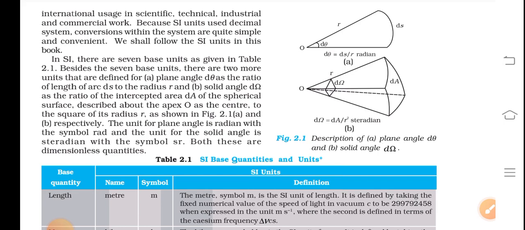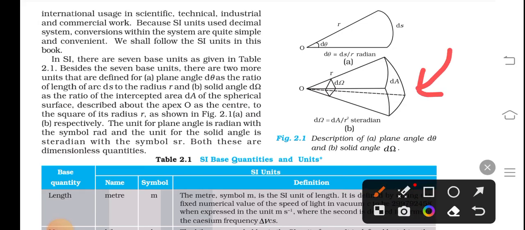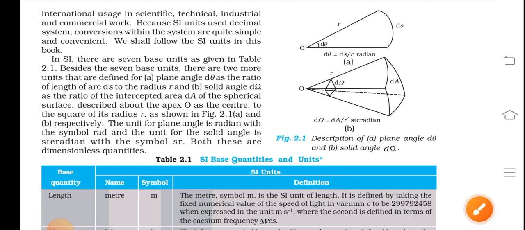This is the radius, as shown in figure 2.1. This is nothing but a 3D image. Just imagine this is a 3D image. Nothing more than to know about that.